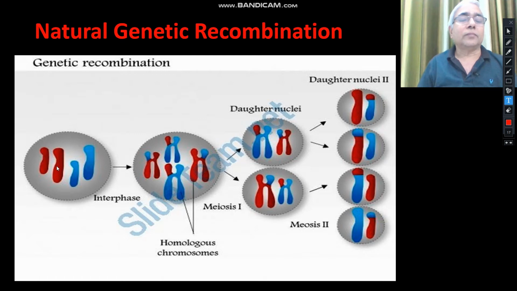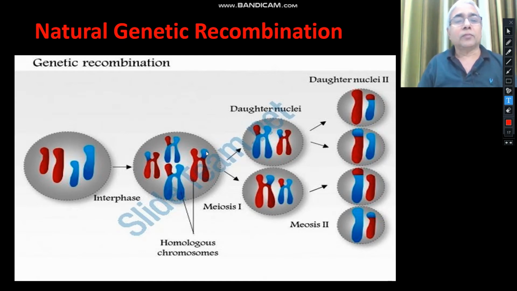Now when meiotic division starts, in meiotic prophase first division, there is a crossing over between the homologous chromosomes, due to which certain parts of the chromosome break and rejoin in the other homolog.